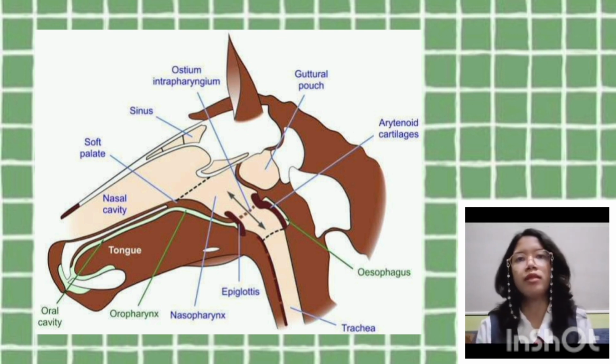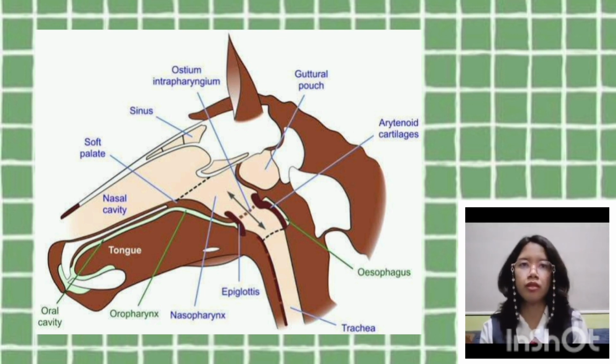The pharynx, or the throat region, opens to two passageways, the trachea, or windpipe, and the esophagus. The esophagus connects to the stomach, whereas the trachea leads to the lungs. Thus, swallowing food must be carefully choreographed to prevent food from entering the lungs and blocking the airways.